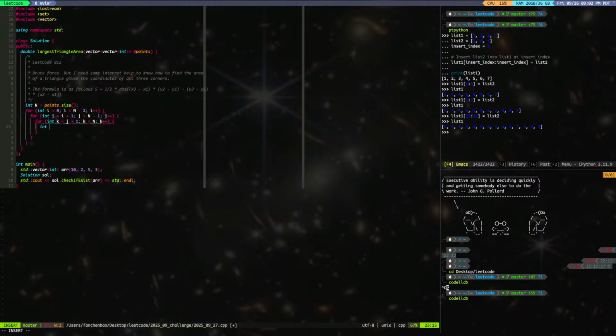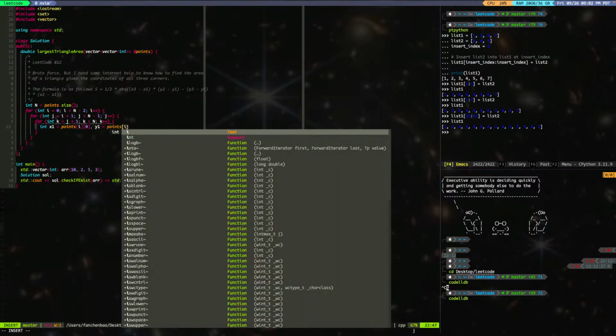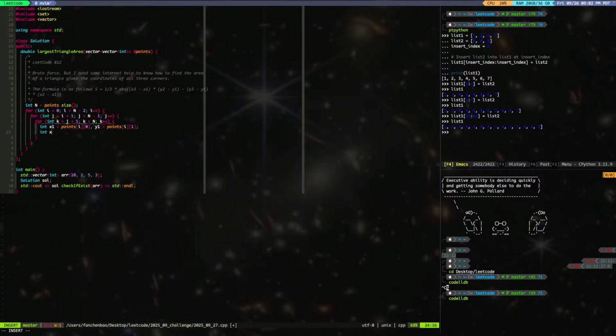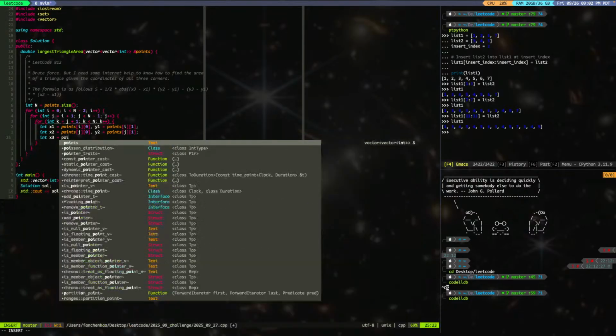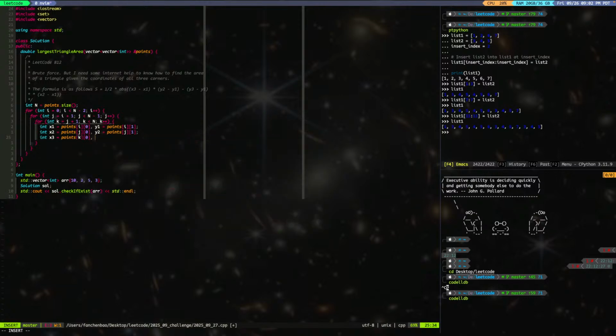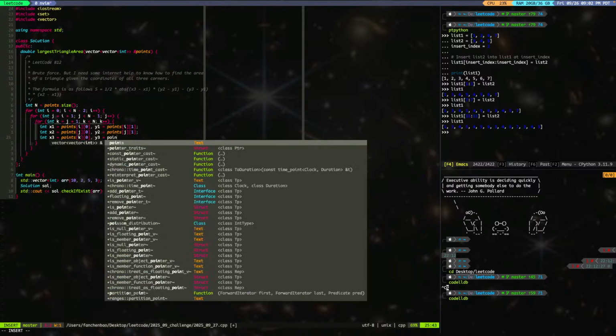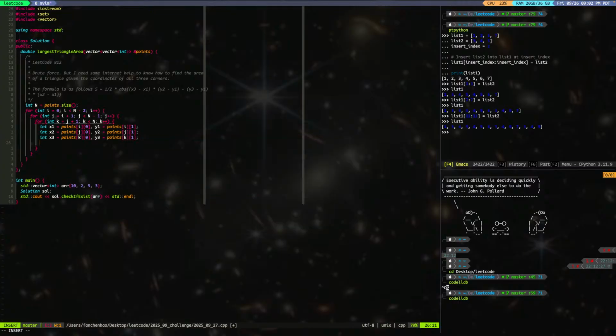Then I need to plug it in. So I can do x1 equal to points[i][0], y1 is points[i][1], x2 is points[j][0], y2 is points[j][1], x3 is points[k][0], y3 is points[k][1].